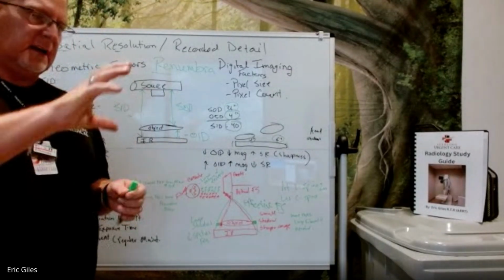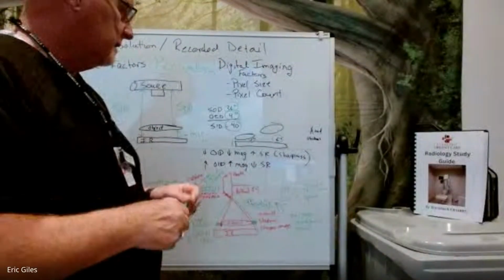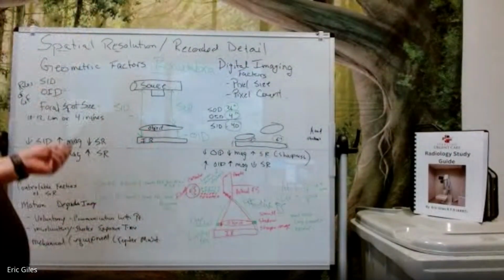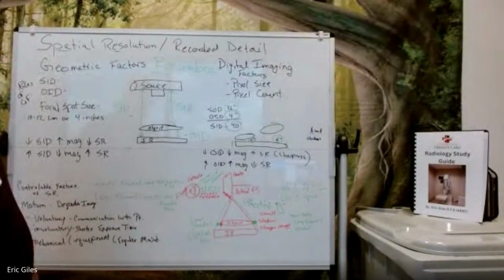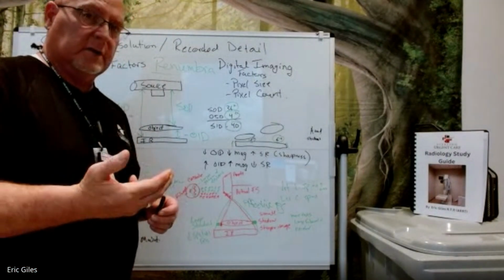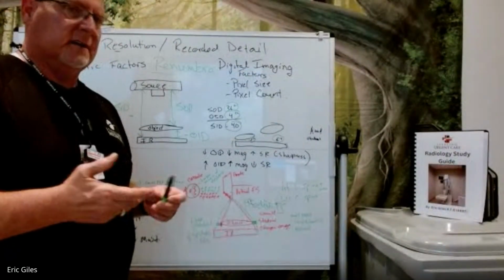Because if that X-ray tube is moving at all, it's going to translate to your image and give you poor recorded detail, because that's one of the other 3 factors of spatial resolution. So keep up on your X-ray machine. If you know that it's starting to move around without you making it move around, we need to get it looked at.